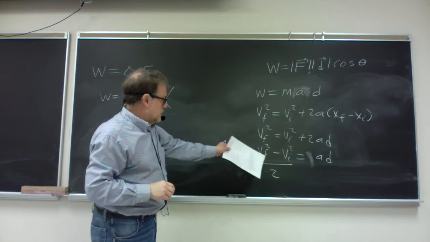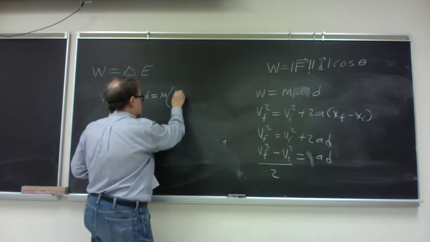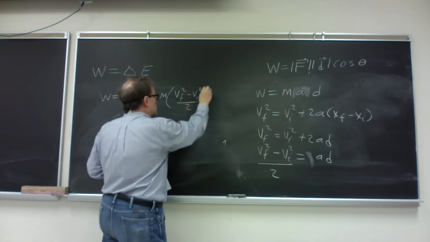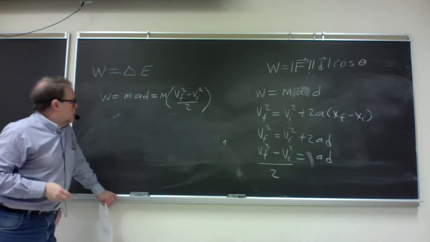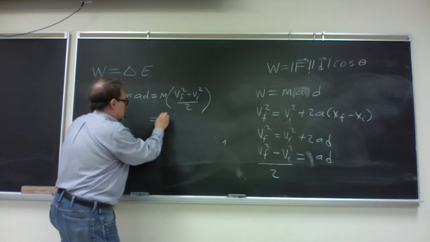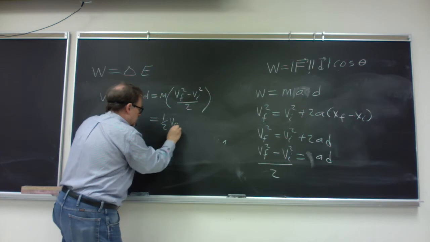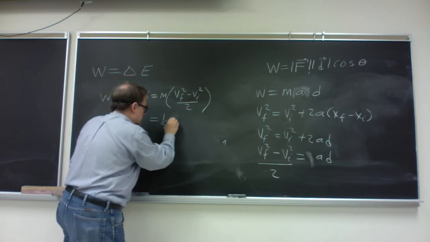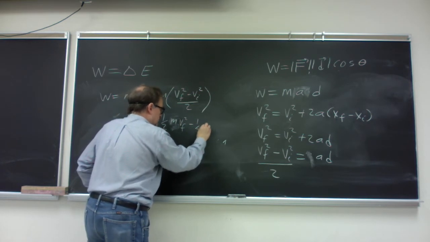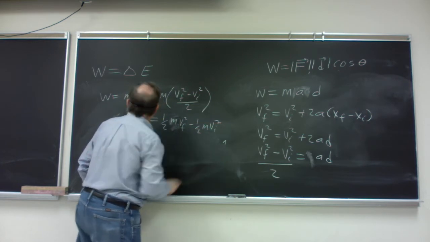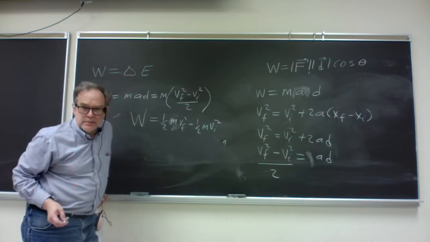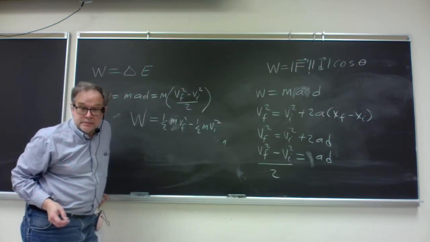So ad is just the difference between the squared velocities, final velocity squared minus initial velocity squared, over 2. Or rewrite this a little bit: 1/2 mass final velocity squared minus 1/2 mass initial velocity squared. That's the work done on this object that was feeling that net force.